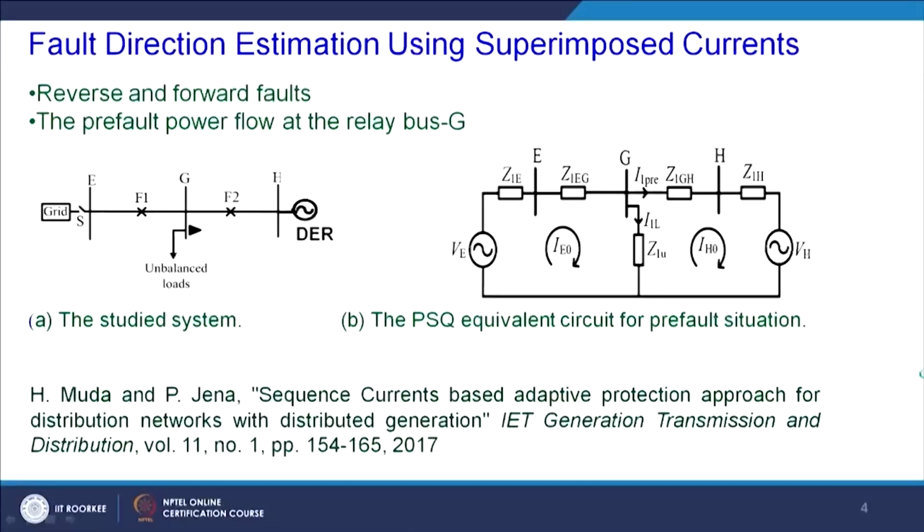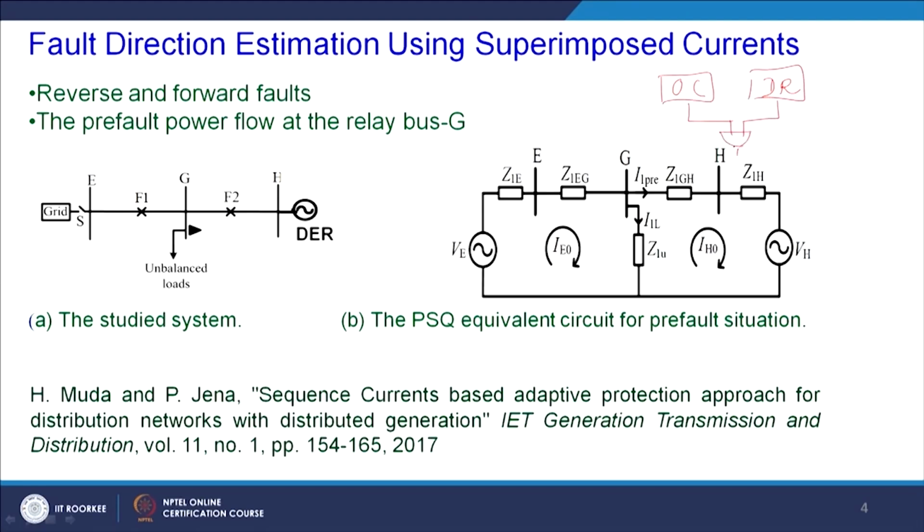Now, I will discuss another new aspect, a new dimension we have added, that is fault direction estimation using superimposed currents. As I discussed earlier, there is the overcurrent element and the directional element or directional relay. These two relays' decisions are going to be ANDed to take the final decision.